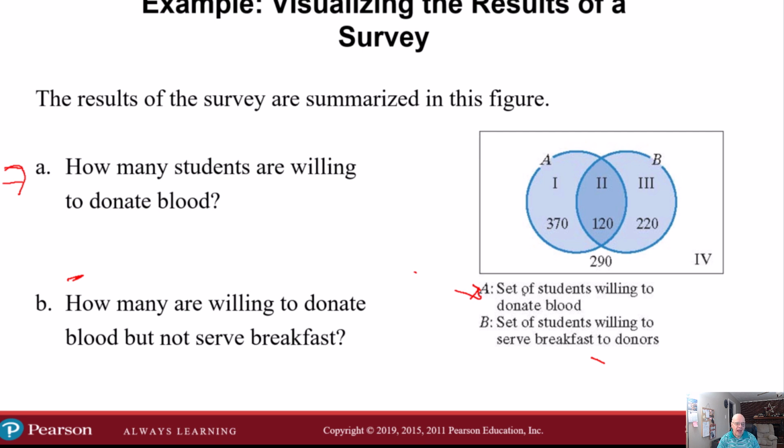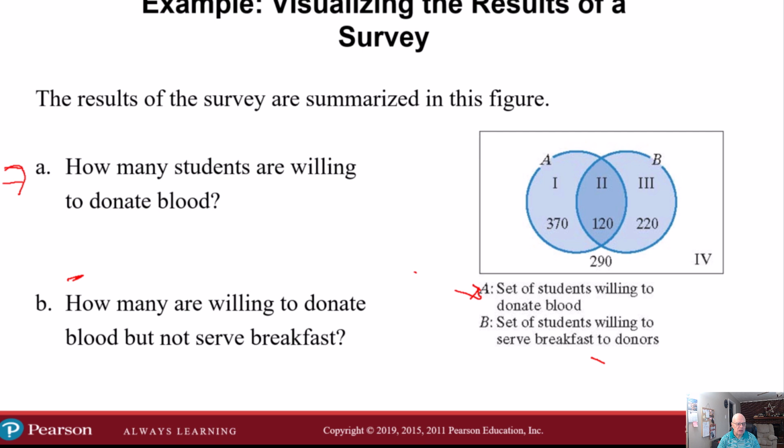Down here, A represents the students willing to donate blood. So they can't use blood and breakfast for the set names, so we're stuck. But donators are in set A, breakfast people are in set B.